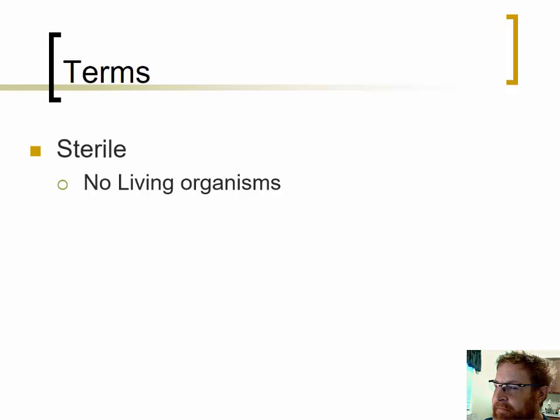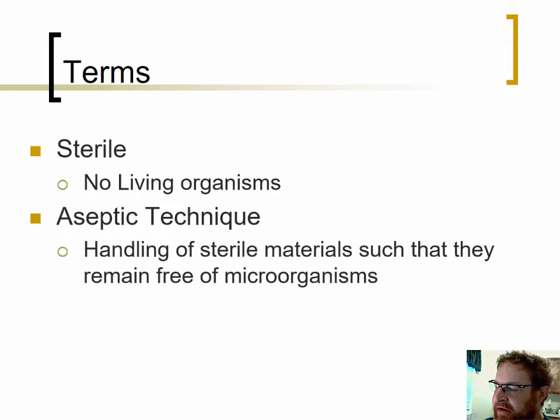The first is sterile. Sterile means that there are no living organisms. This is a very strict definition: even if there's one microbe in there, you can't have a sterile environment. Only when you have no living organisms do you have sterile conditions.